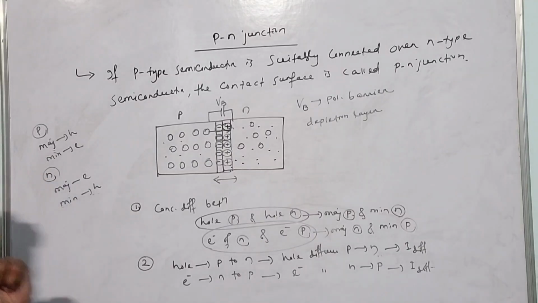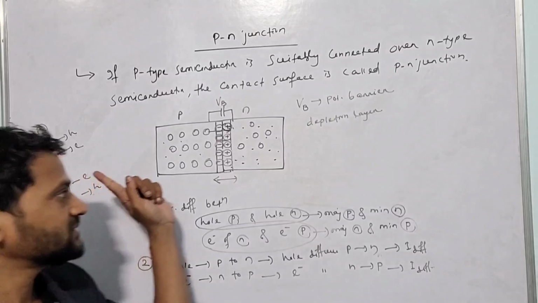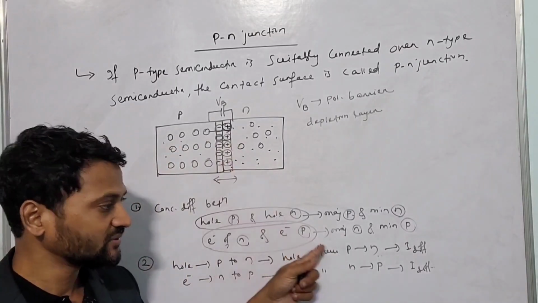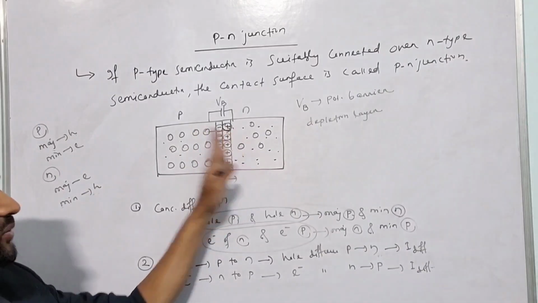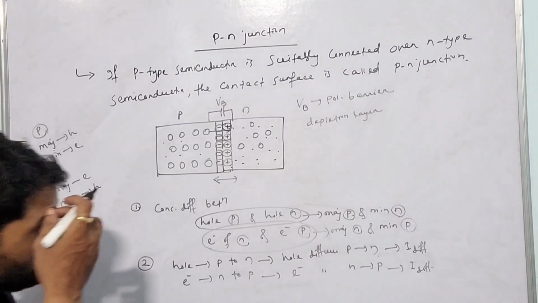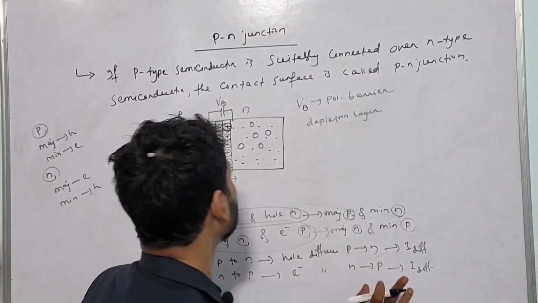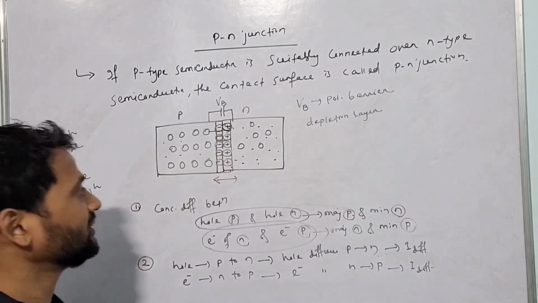Clear? So, if someone asks, what is the direction of diffusion current? The direction is from P to N if it is diffusion current due to hole, or it can be N to P if it is diffusion current due to electron. But mostly we consider diffusion current as hole. So the current is from P to N, that is the diffusion current.